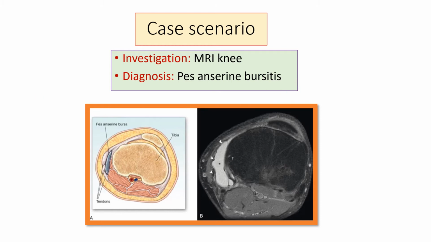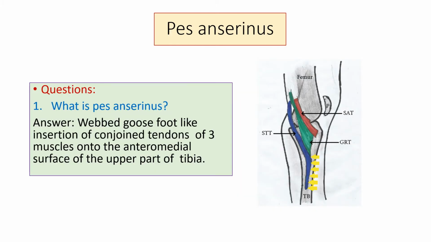After describing the case scenario, let us answer the questions. What is pes anserinus? Now it is easy for you to write the answer for the pes anserinus. It's nothing but webbed or foot-like insertion of conjoined tendons of 3 muscles onto the anteromedial surface of upper part of tibia.